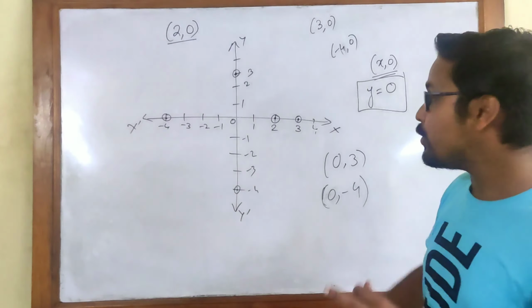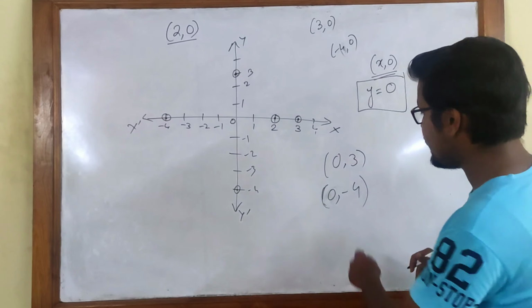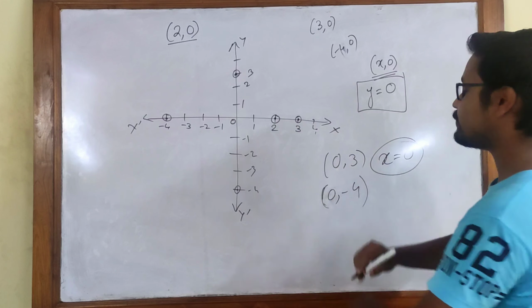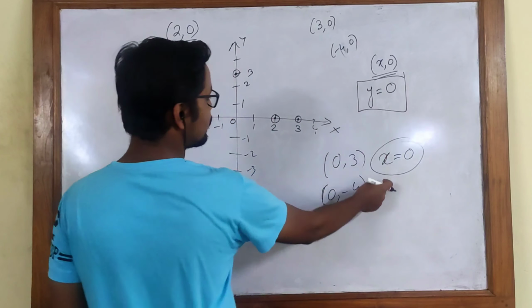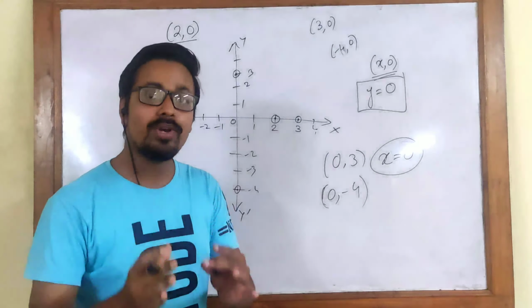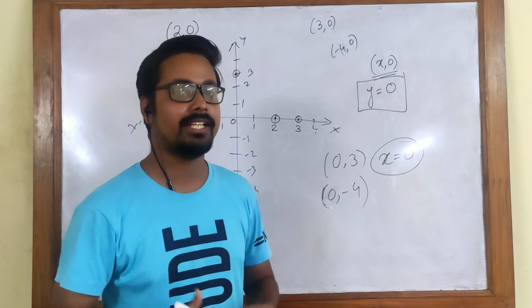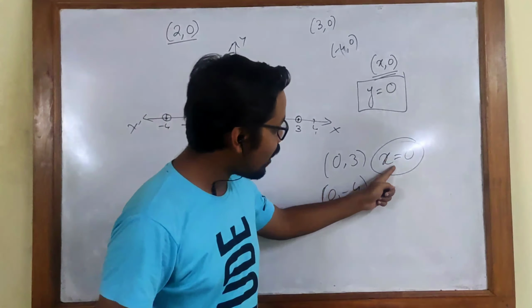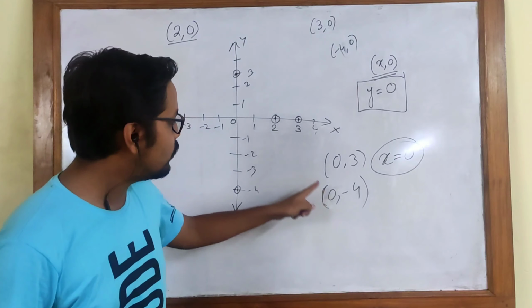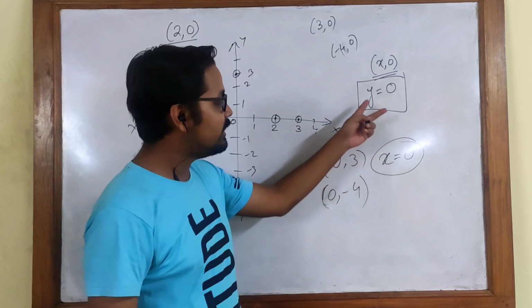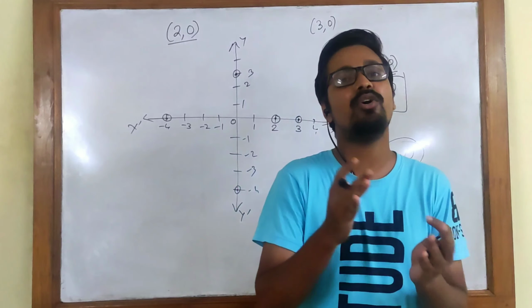That means the equation of the y-axis will be given by x equal to 0. So the equation of the x-axis is y equal to 0 because the y coordinate is always 0, and the equation of the y-axis is x equal to 0 because in case of the y-axis the coordinate of x is always 0.